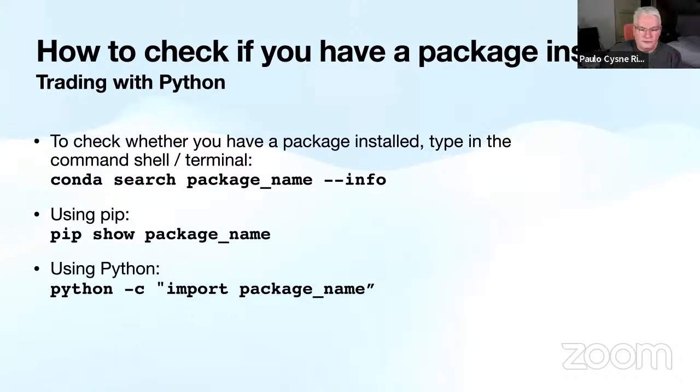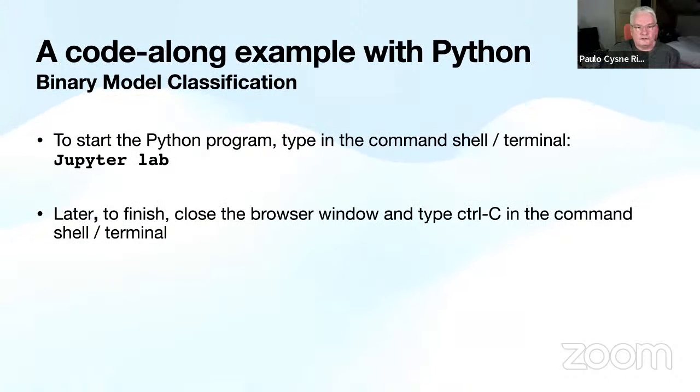And it's going to have an error message if you don't have that package. So to start the Python program that we're going to write on JupyterLab, on the command shell on Windows, and on the Mac terminal, just type JupyterLab.